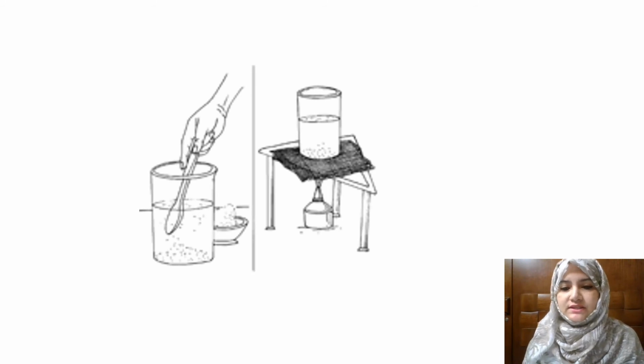And for this reason, that means the effect of increased temperature, the undissolved salt got dissolved after the solution was heated. But in case of some solutions, there are some exceptions, always in chemistry there are some exceptions.